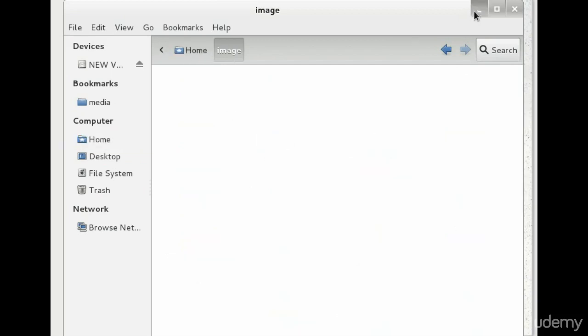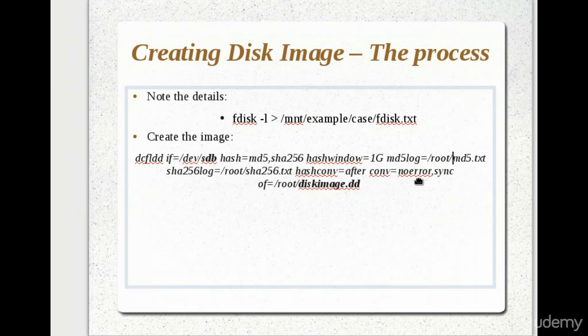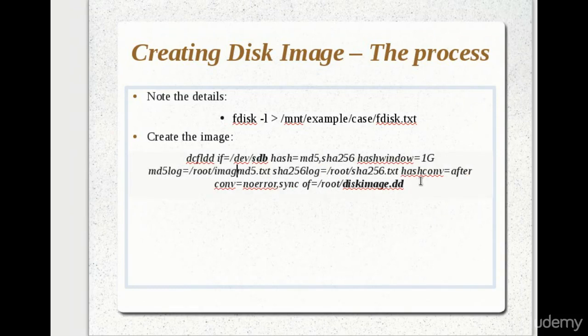So I'm going to use /root/image/. I want to store the MD5 log in the root image directory, and the file name should be md5.txt. And what about the SHA-256 log? I want to store this log in the root image folder with the file name sha.txt.